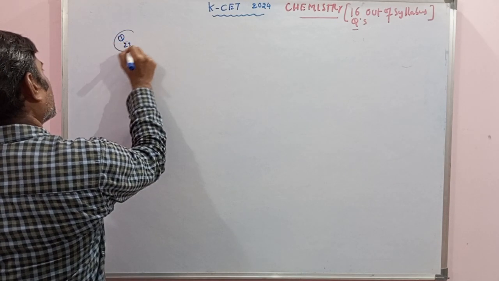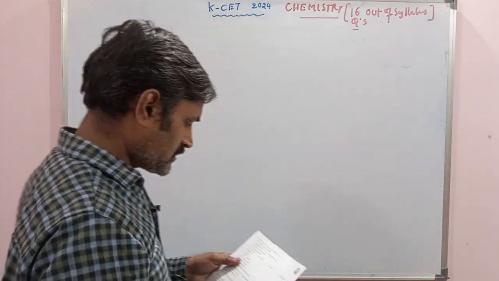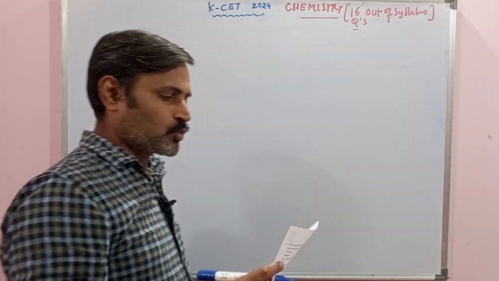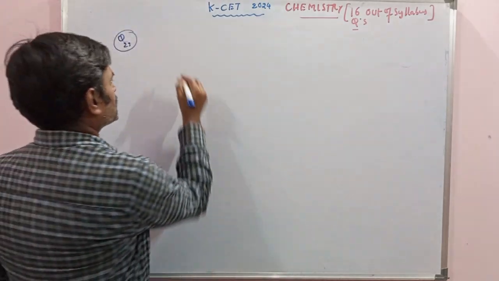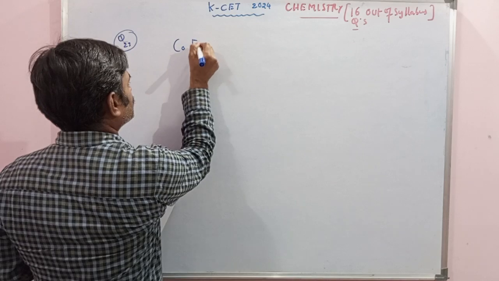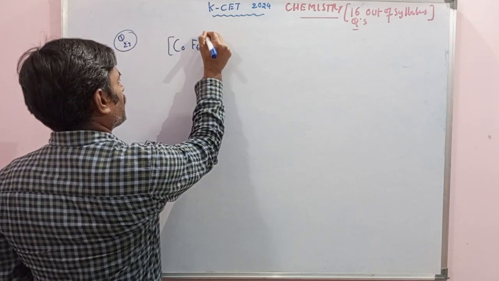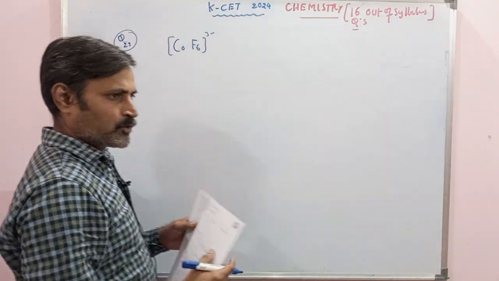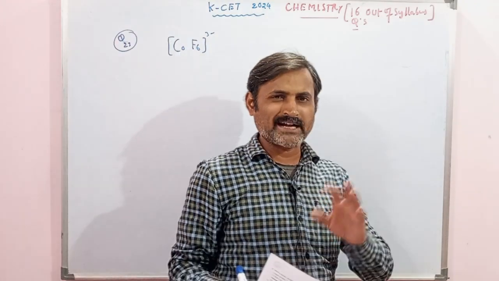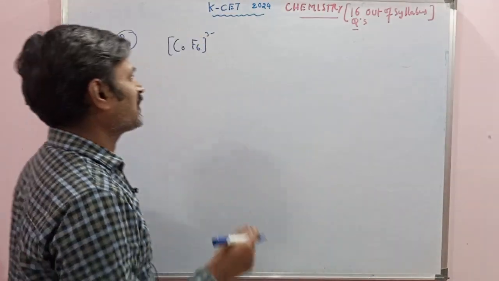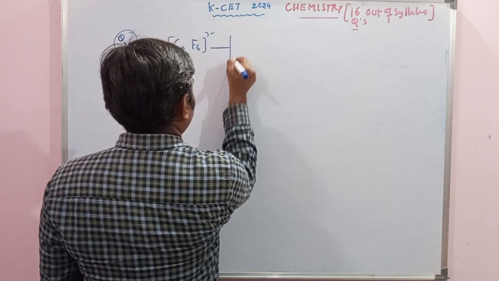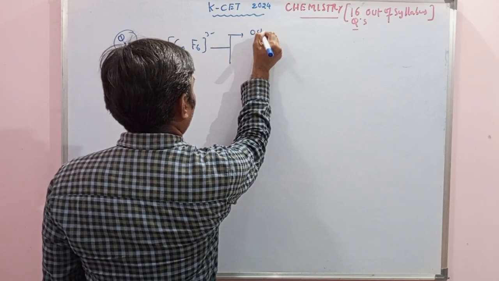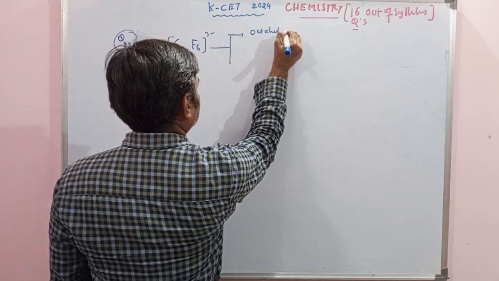Which of the following statements are true about the cobalt complex [CoF6]3-? This was one of the important examples of octahedral complexes which we saw in valence bond treatment. Actually, it belongs to an octahedral complex.